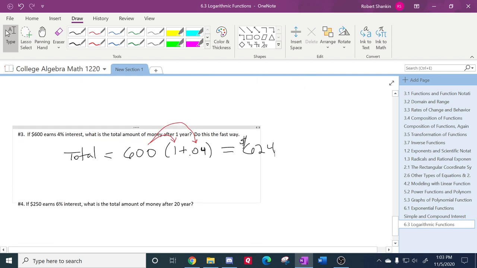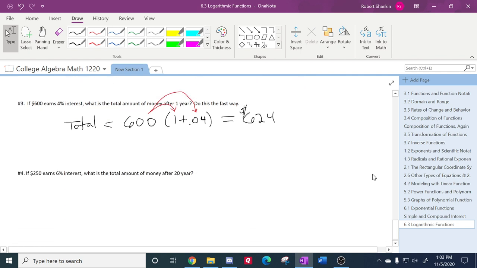All right, now we're doing number 4. $250 at 6% interest.